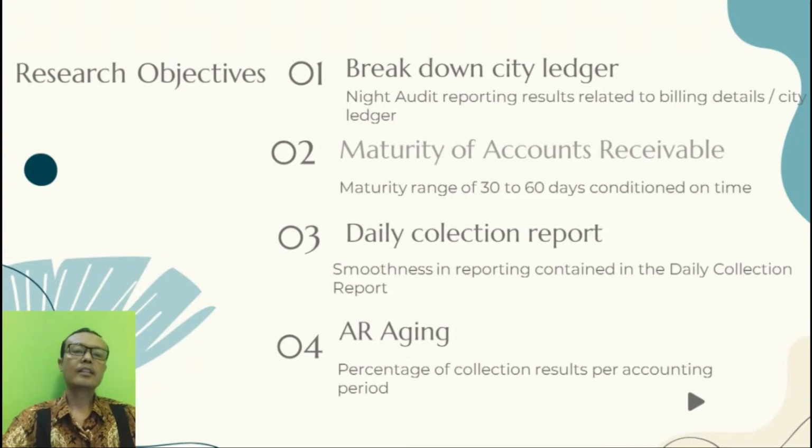And the third, the daily collection report, smoothness in reporting contained in the daily collection report. The last, AR aging, account receivable aging, the percentage of collection results per accounting period.